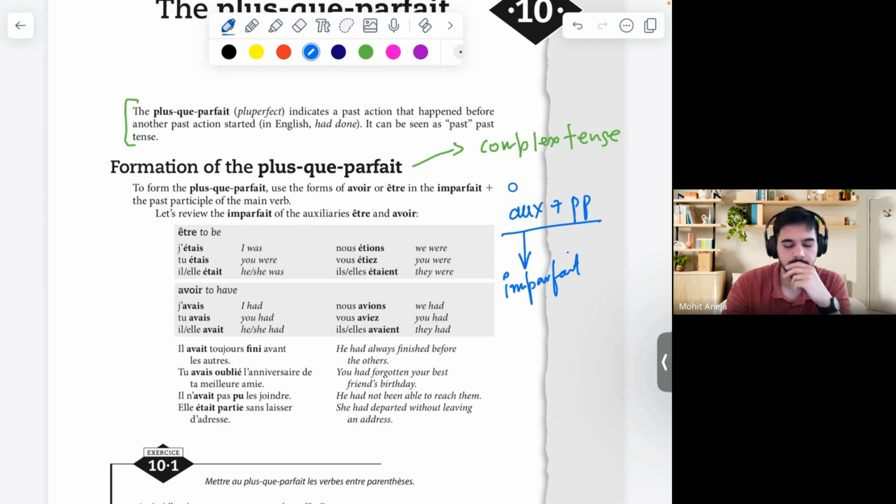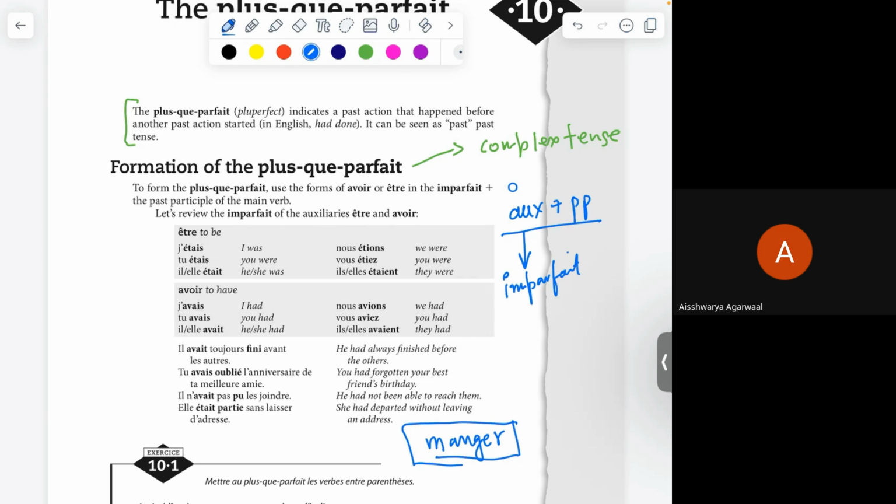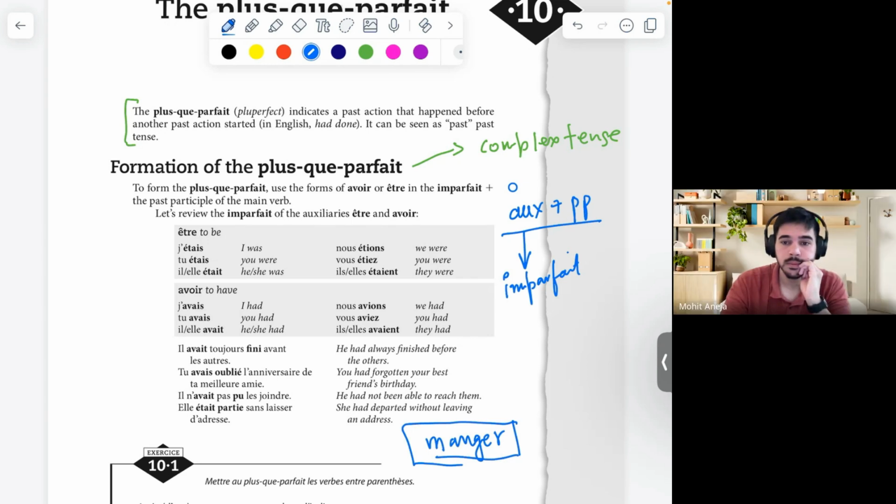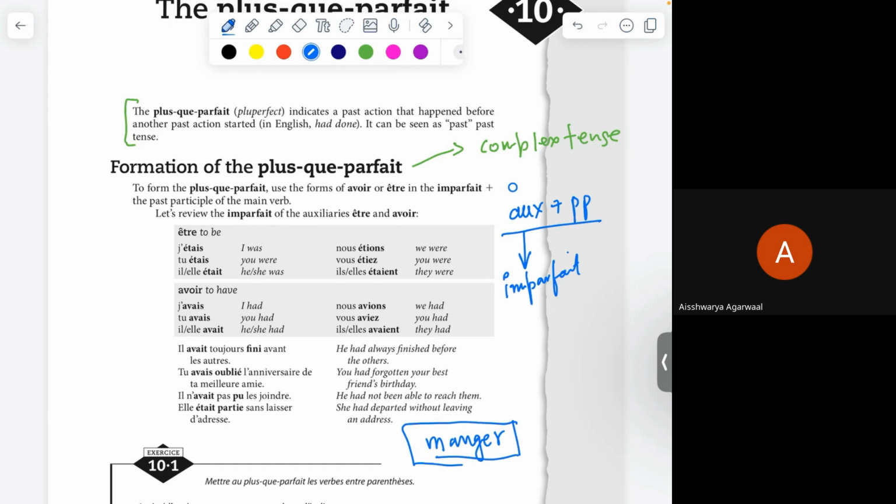So, with that said, can you conjugate manger for me in plus-que-parfait? Let's do it part by part. First tell me what the past participle of manger is. One question: the formation, so do we conjugate the auxiliary, then put the participe passé?